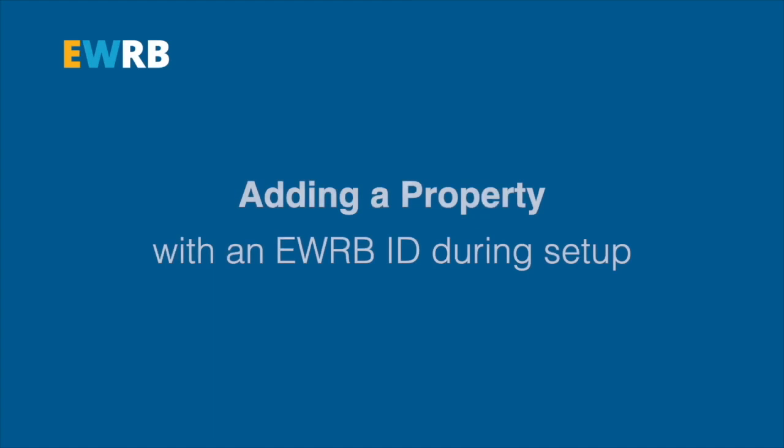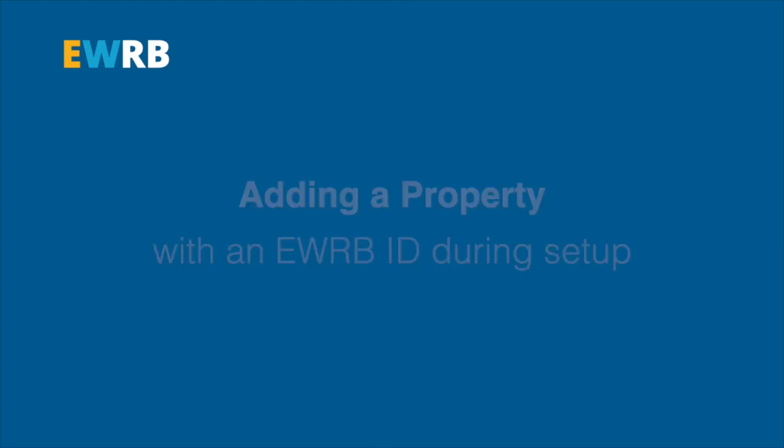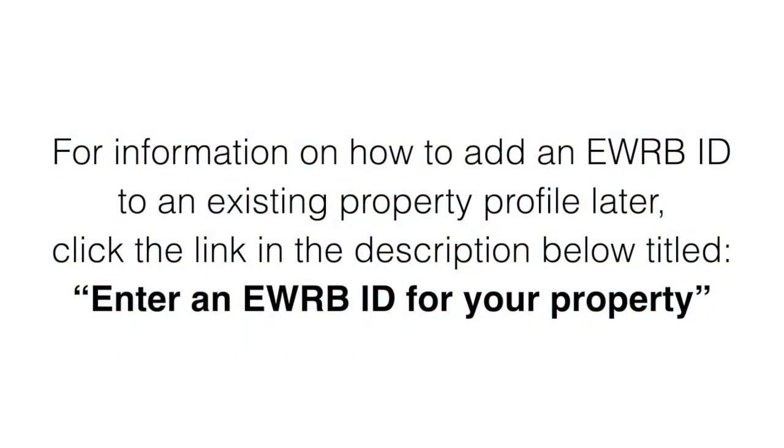This video will cover how to add the EWRB ID during the property profile setup. For information on how to add an EWRB ID to an existing property profile later, click the link in the description below, titled Enter an EWRB ID for your property.